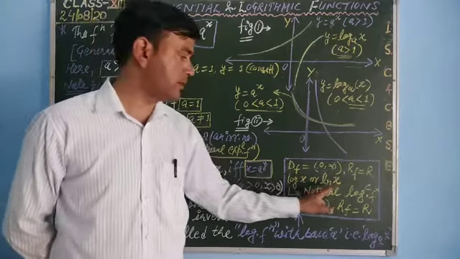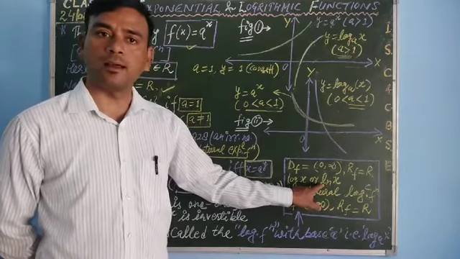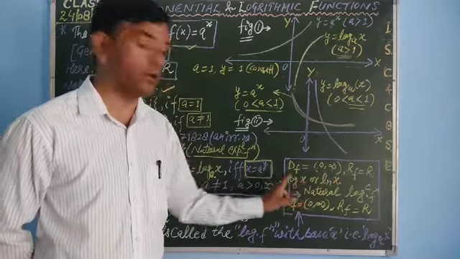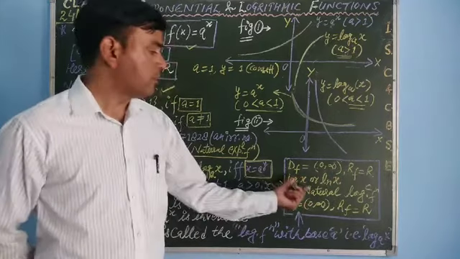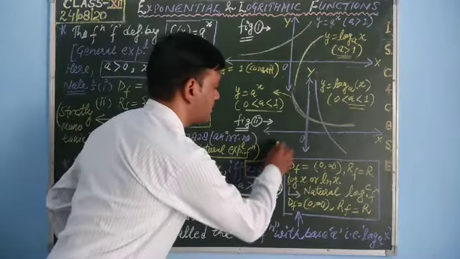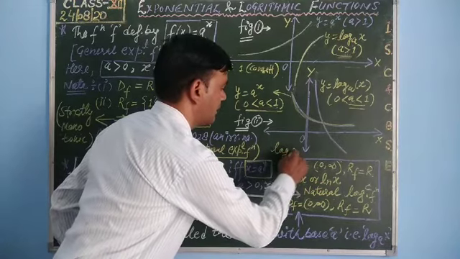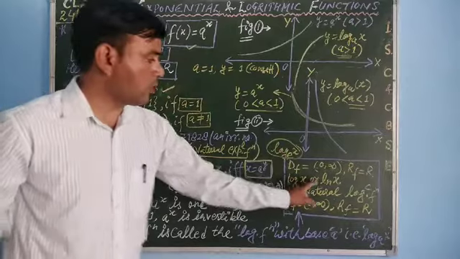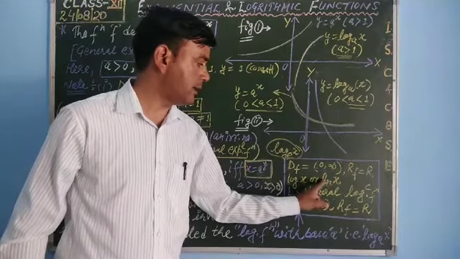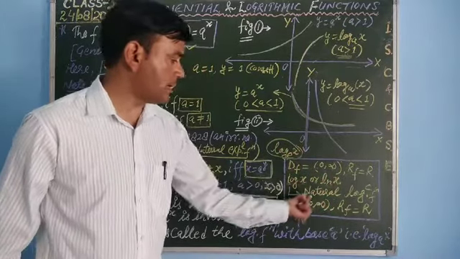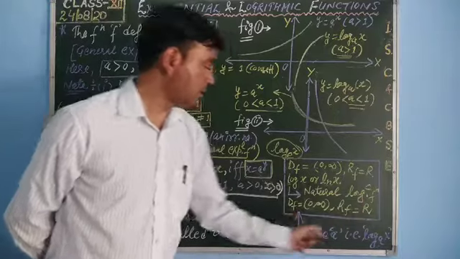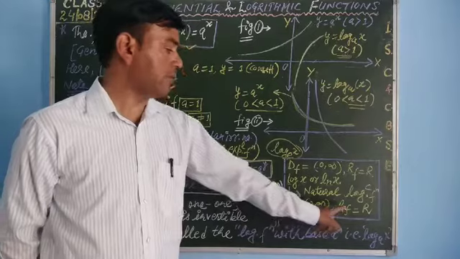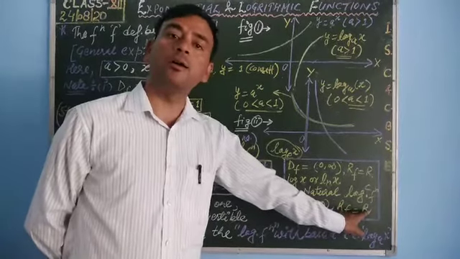In chemistry and physics many times you write ln x or log x simply, or log x base e. So three names can be written like this: log x base e, or simply log x, or ln x. This is called the natural logarithmic function, whose domain is again 0 to infinity, or positive real numbers, and whose range is also the set of real numbers.